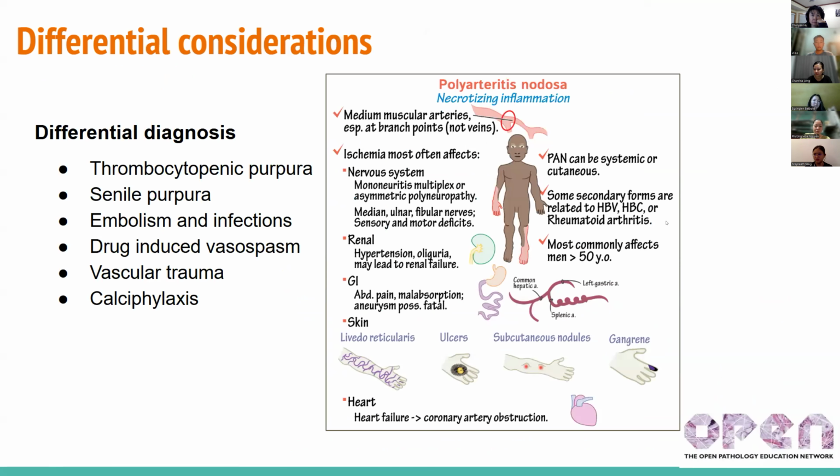So we have to consider other possible diagnoses. The differential considerations include thrombocytopenic purpura and senile purpura, embolism and infections, drug-induced vasospasm, and vascular trauma. So we have to think about anything related to vascular diseases.